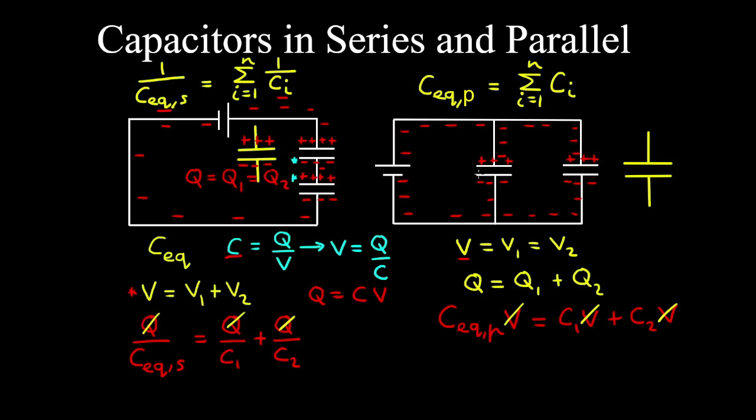Because you can imagine adding the negative charge on both bottom plates and the positive charge on the top plates. So in this case, these capacitors don't nullify each other, like the capacitors in series, as we explained. So recall that these results are opposite to what we got for resistors.